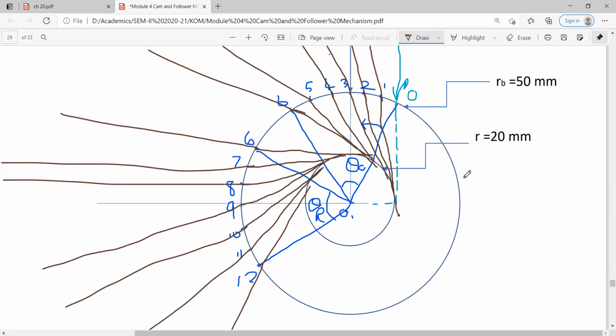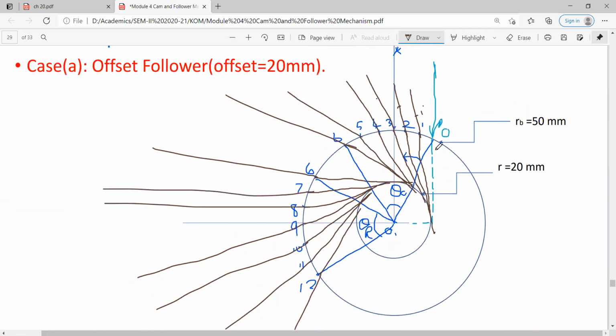What is the procedure? Now you will transfer the distances. At point 0 there is no distance. At point 1 there is some distance 1 1 dash, so you will take it from the displacement diagram. Then at 2, here it will be 2 dash.